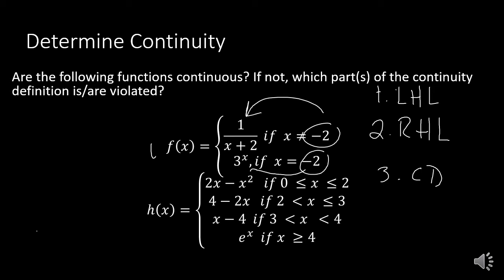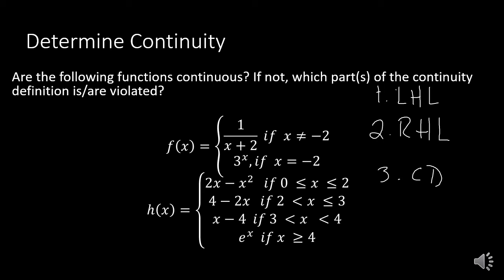If they are the same number, then the entire piecewise function f of x is continuous. If they're not the same number, then it's discontinuous. But the reasoning I explained just now is why that seemingly simple procedure works.